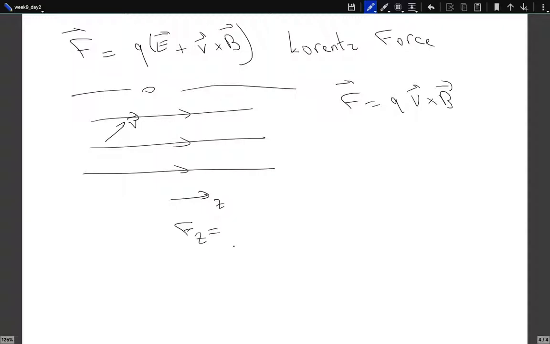You see, B is in the z-axis, F is perpendicular to the z-axis, which means it doesn't have any z component. But this also means that the acceleration of the object in the z direction will be zero. The acceleration doesn't have any z component. So the z component of velocity of the object is just constant.